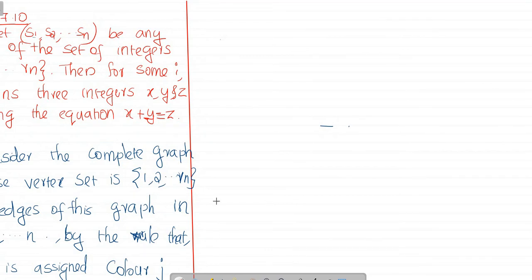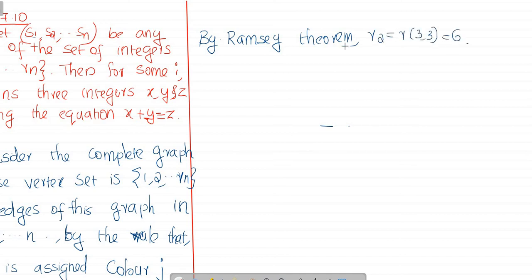Now let us prove the rest by Ramsey theorem. We have R2 is equal to R(3,3), which is equal to 6.